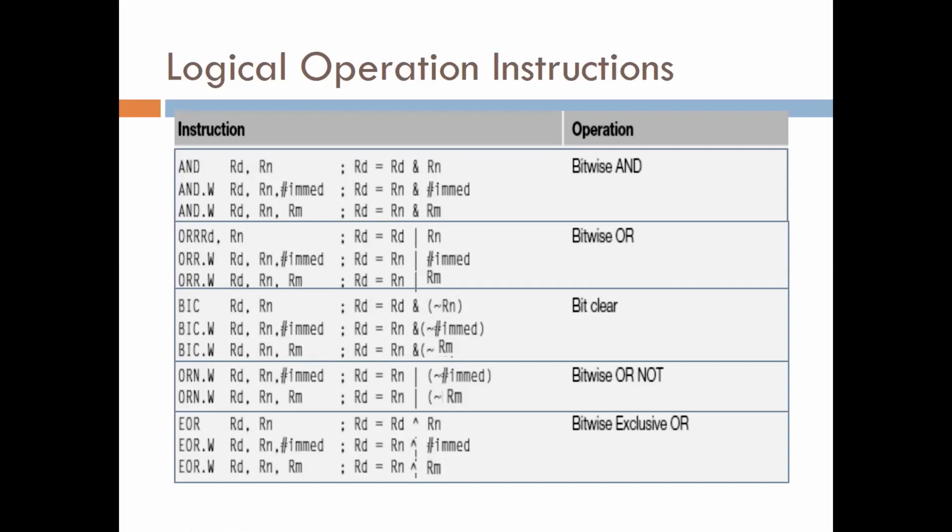The mnemonic used here is ORN, ORN.W Rd comma Rn comma hash immediate. Whatever the immediate data is given in the instruction will be complemented, and the complemented data will be ORed with the content of Rn, and the result will be stored in Rd.